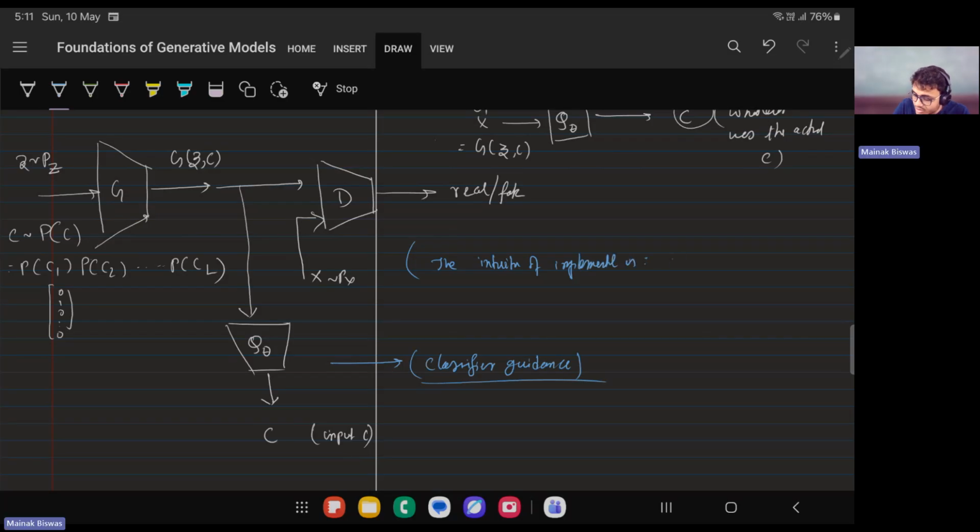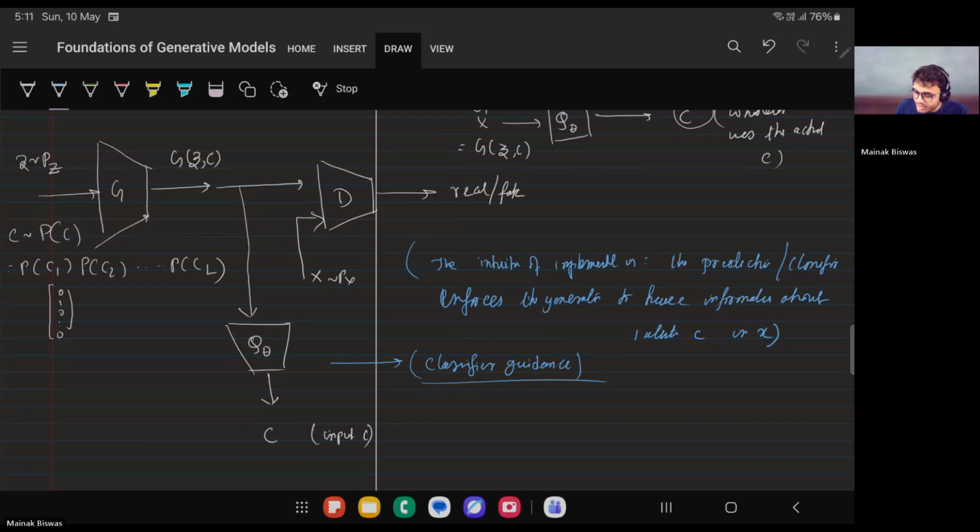The predictor of the latents, which is called a classifier, enforces the generator to have information about latents C in X tilde.